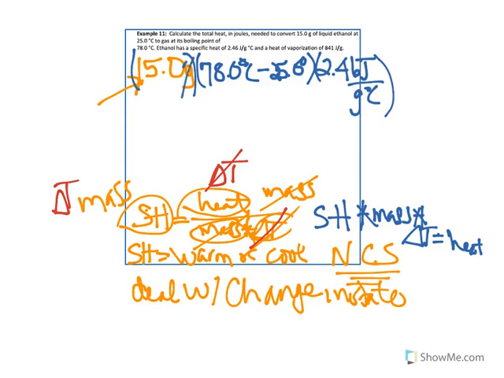So our grams cancel. Our degrees Celsius are going to cancel. And we're going to be left with an answer in joules, which makes sense since we're looking for an energy. So let's try this. 15 times, again, make sure you put your parentheses in, 78 minus 25, end parentheses, times 2.46.